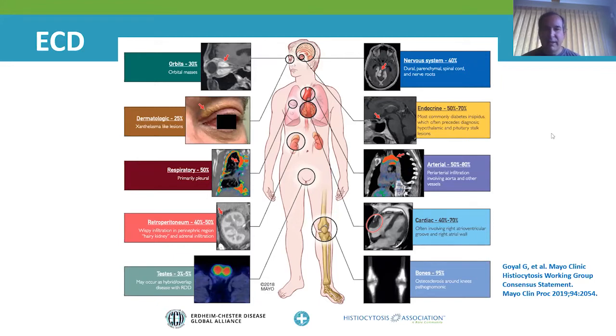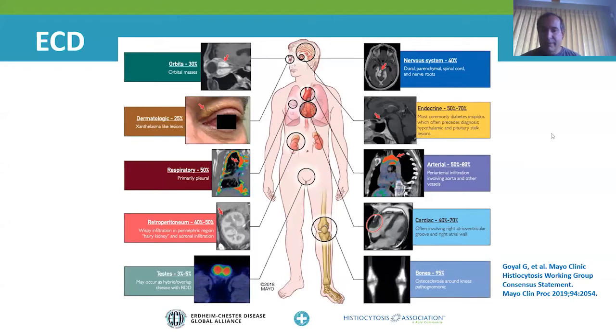And I think this slide highlights the importance of having involvement from a number of different specialties, not just oncology, but various other subspecialties, including dermatology, ophthalmology, endocrinology, to help diagnose this condition, but also help to manage not only complications from the disease itself, but potential complications from treatment.